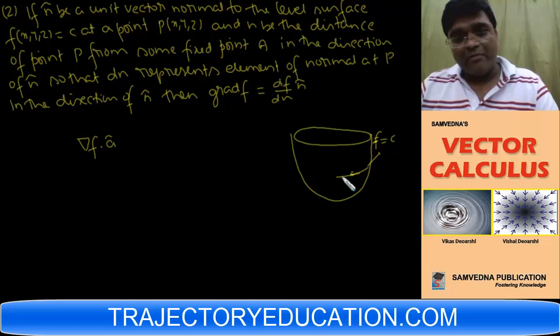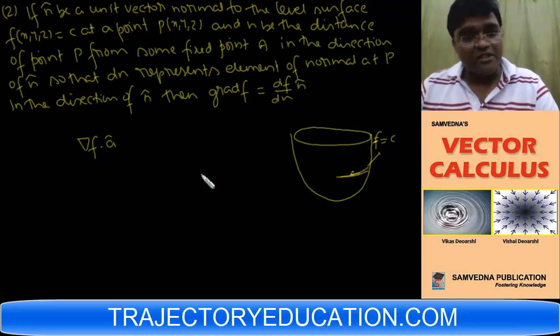If I ask you what the unit vector in this direction is, the unit vector will obviously be tangent to this level surface. See, moving on a curve means the direction of motion is defined by the tangent to that curve. So if a is a unit tangent vector on the level surface, it means I am moving on the level surface.